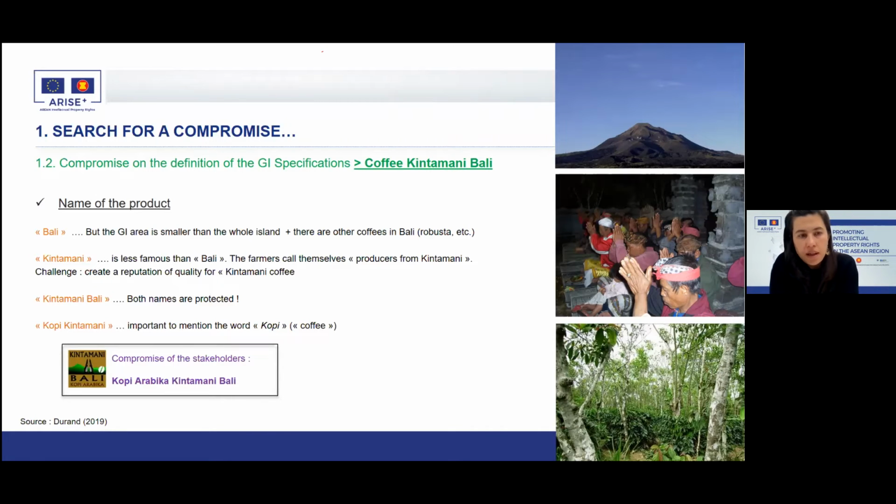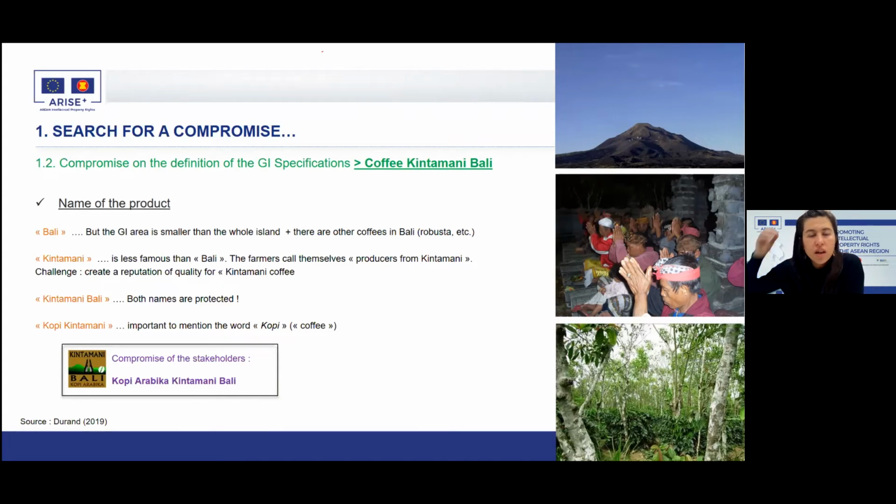Then the word Kintamani was considered, but it was just less famous than Bali. But the positive aspect is that the farmers call themselves producers from Kintamani. So it was a good point for Kintamani. But for this name, the challenge was to create a reputation of quality for Kintamani coffee, because in 2003, 2004, Kintamani coffee was not very reputed as a quality coffee.